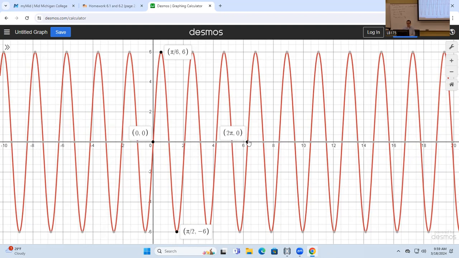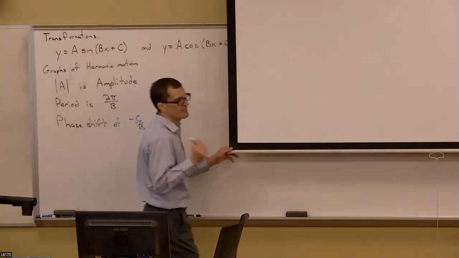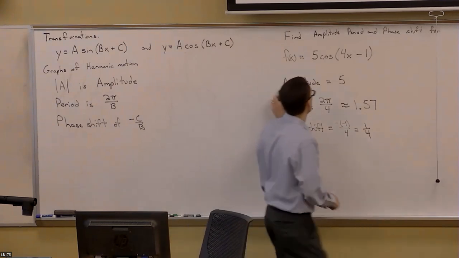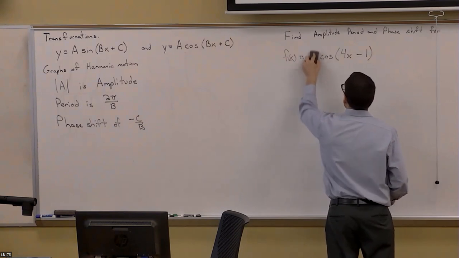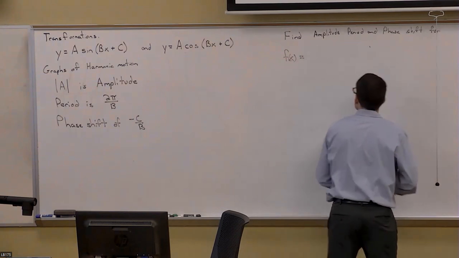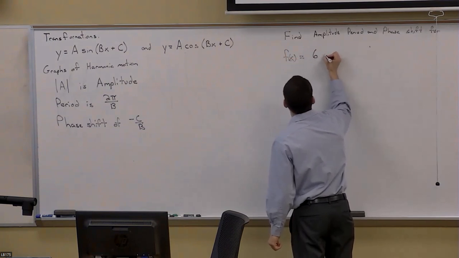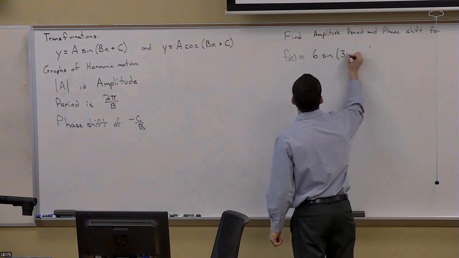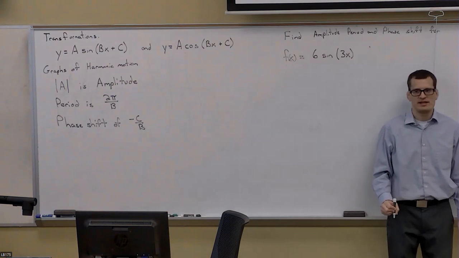So I know exactly what that equation is going to look like. The equation that I just had would be f of x equals 6 sine of 3x, right?